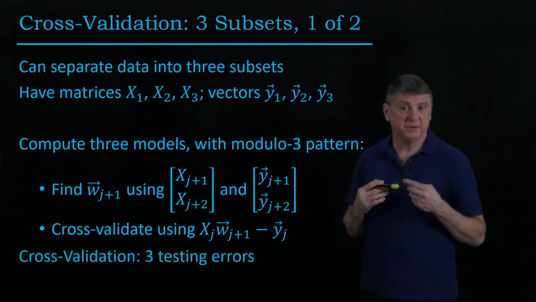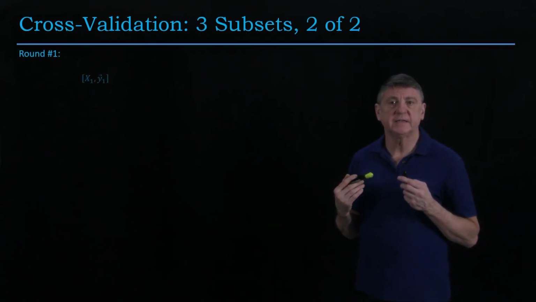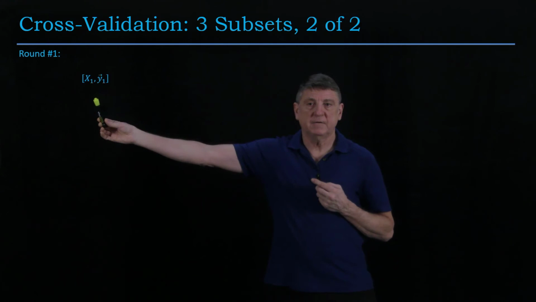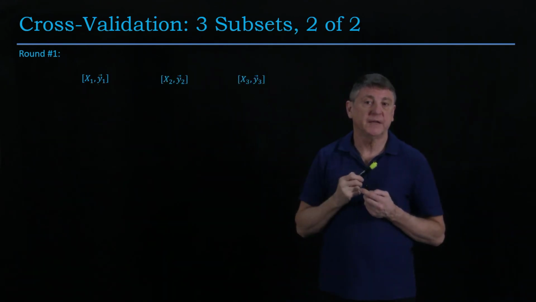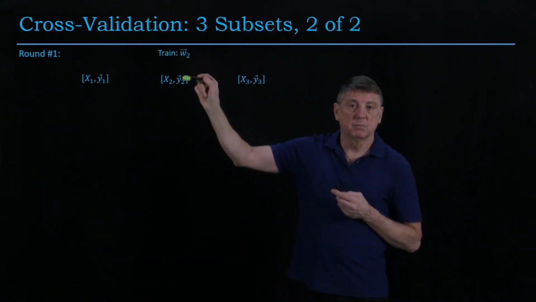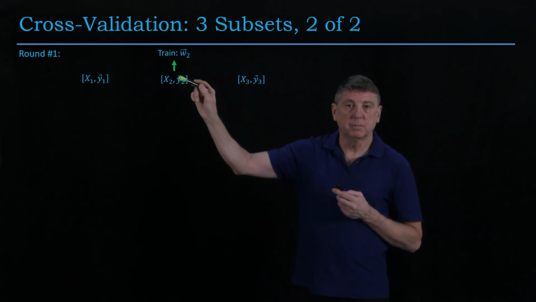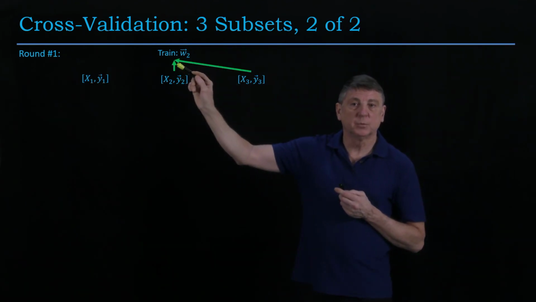Let's try to picture this. In round 1, we have our first fold, our second fold, and our third fold of data. We'll train our model number 2, and we'll combine number 2 and number 3 into one training set.